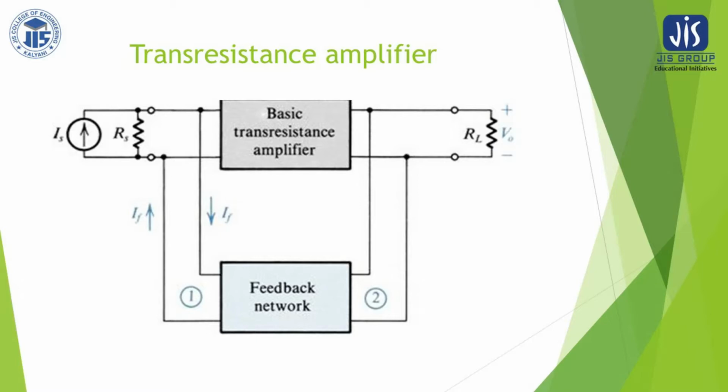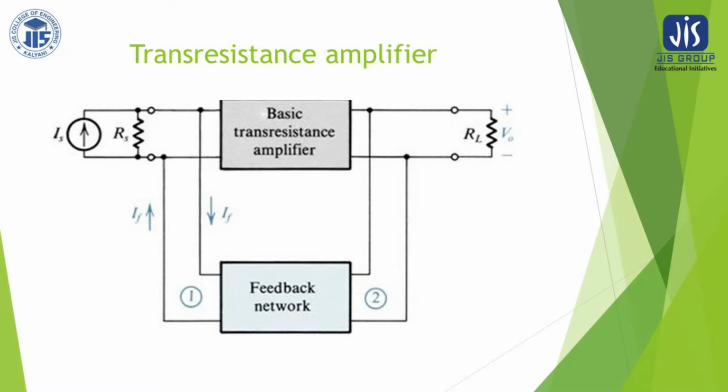So it should be changed to a voltage source, which is a dependent source. So this is the change that we needed for the transresistance amplifier, and this relation will be changed.